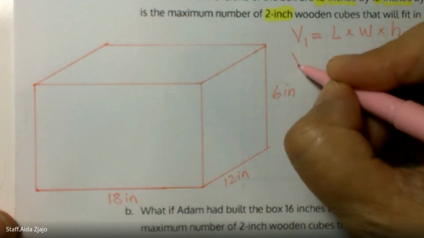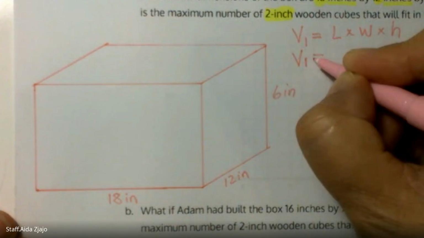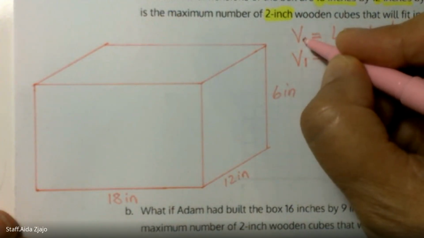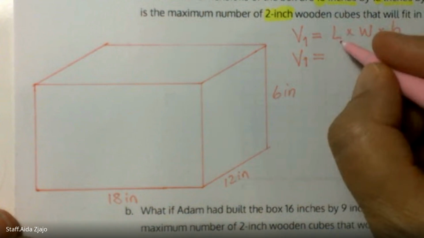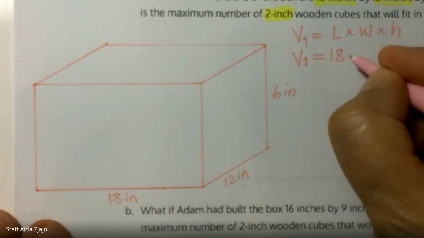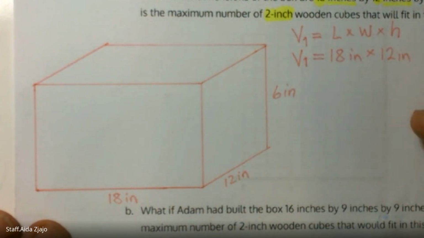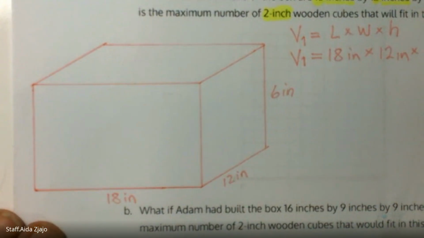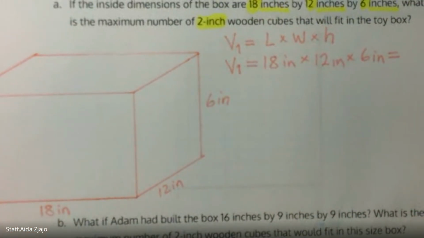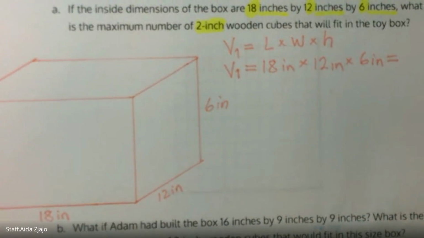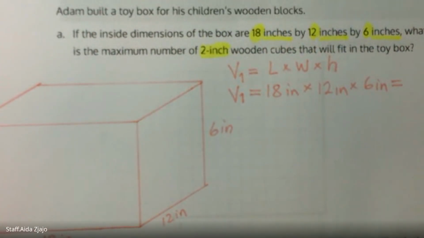So the volume for the box measured in 1-inch units is 18 inches times 12 inches times 6 inches. We can figure out the volume of this box that Adam made.